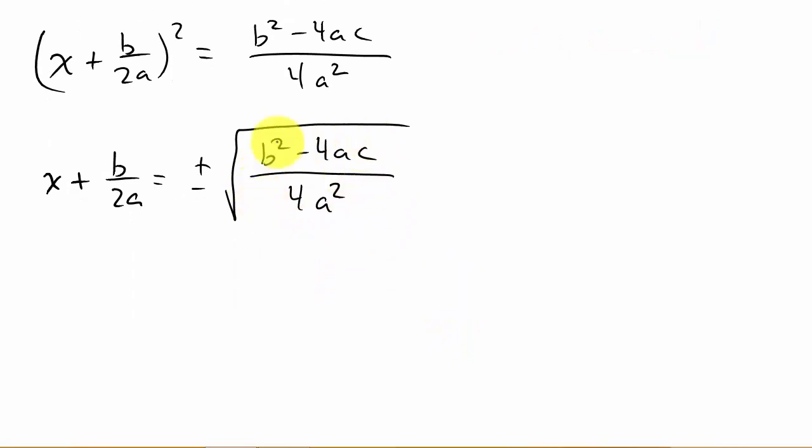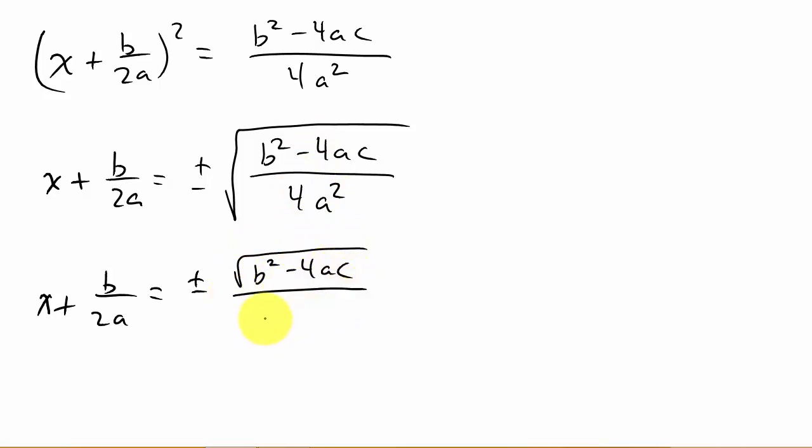And so now I'm going to simplify this fraction over here on the right hand side. So that's x plus b over 2a equals plus or minus. So I'm going to split this radical up. So that's the square root of b squared minus 4ac all over the square root of 4a squared.